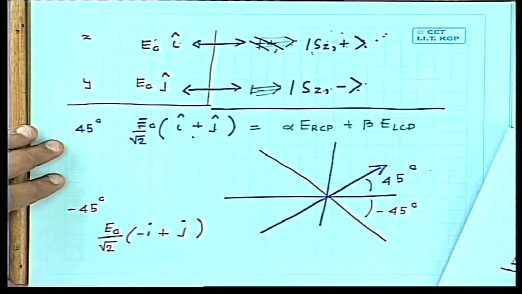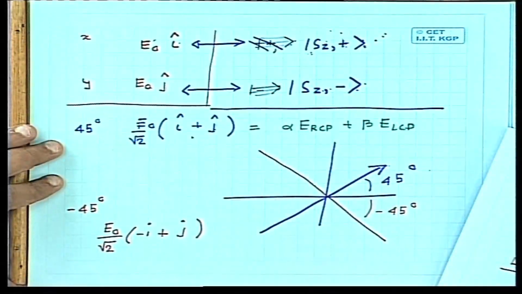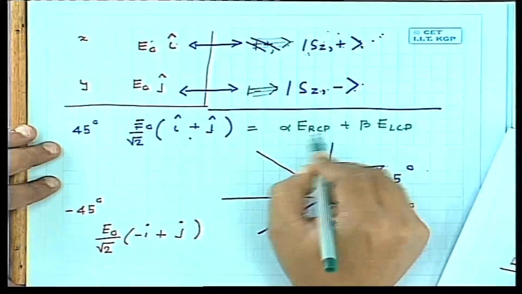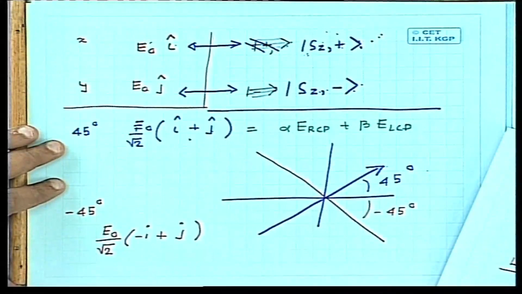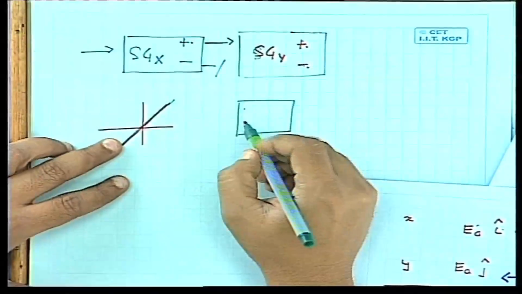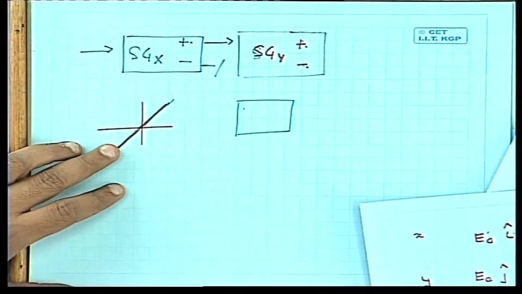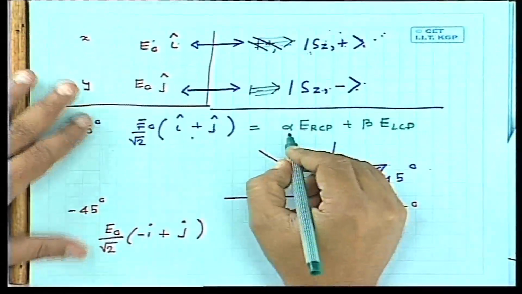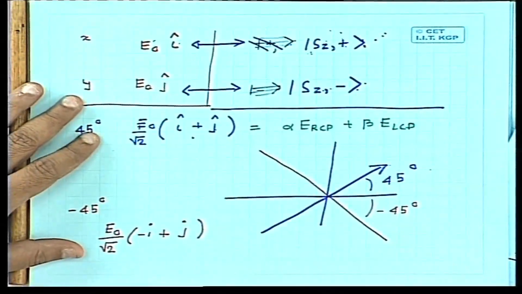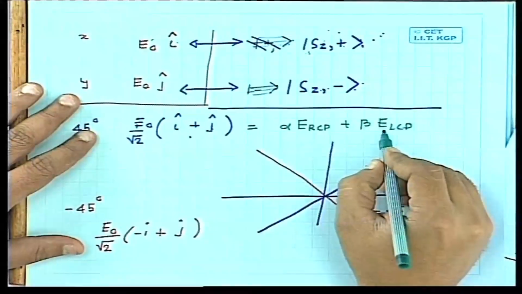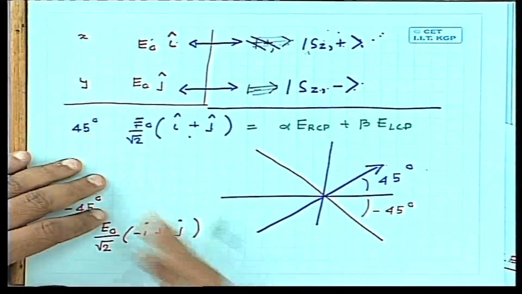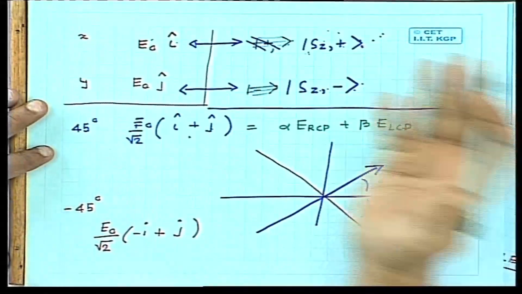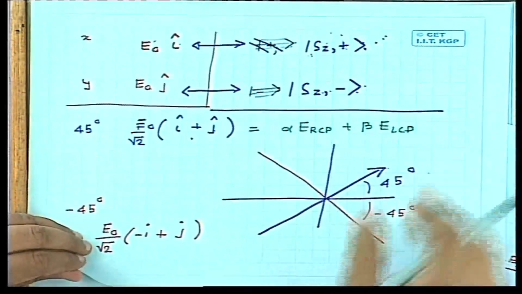The coefficient alpha tells me what part of the light will come out right circularly polarized, and what part will be left circularly polarized. So if I send light polarized at 45 degrees through something which only allows the right circularly polarized part to come out, then the intensity will be proportional to alpha squared. And if I send it through something which only allows the left circularly polarized part, then it will be proportional to beta squared. That is all. It is just like the Malus's law which you have in polarization.